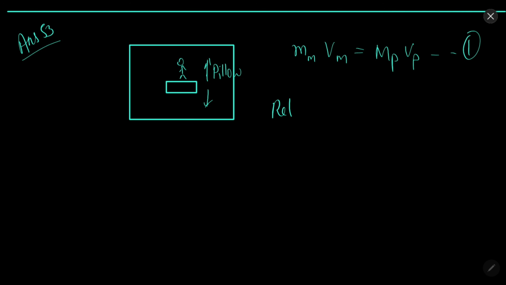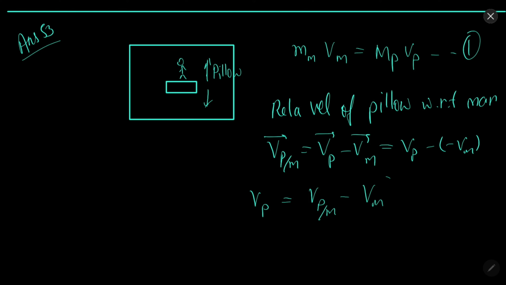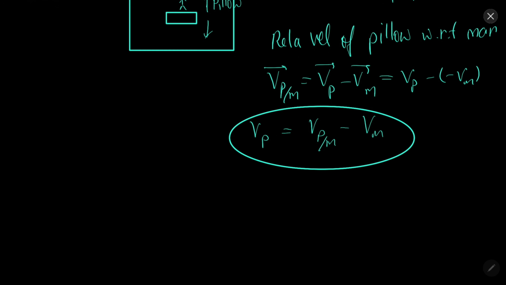So the relative velocity of the pillow with respect to the man can be written like this. So Vp equal to Vpm minus Vm.